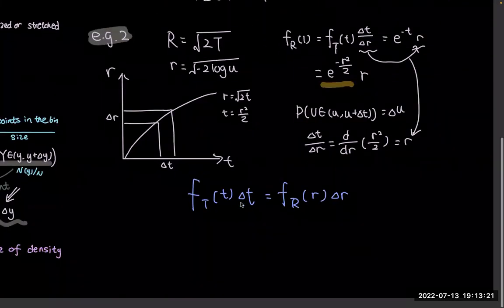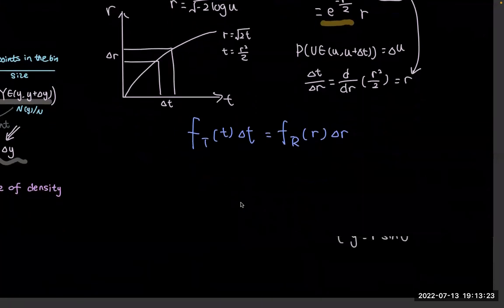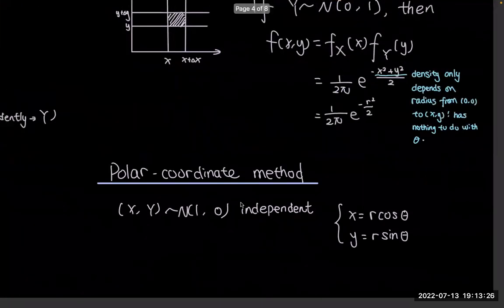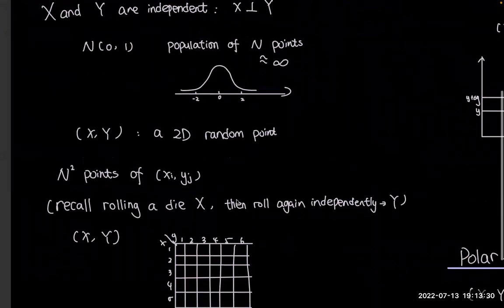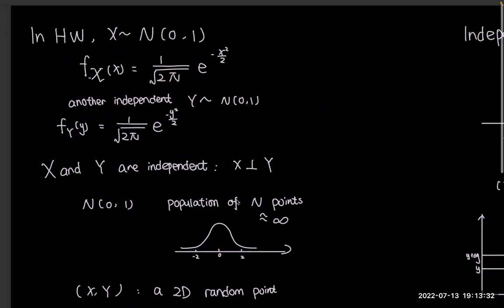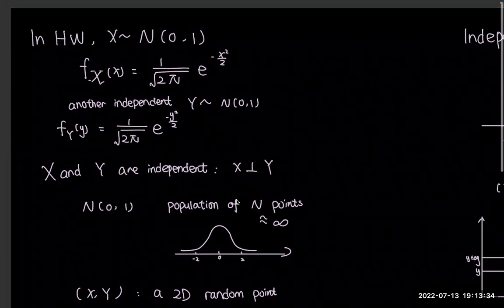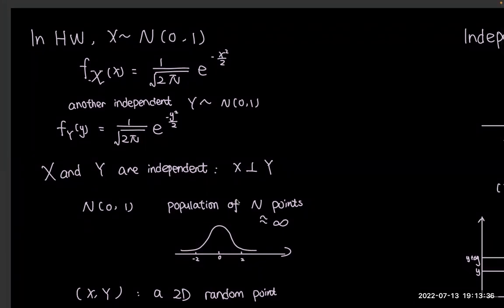So this is a preparation. I hope that from here you can understand that the density may change under the transformation, and also you learn the technique to calculate the density of the new random variable if it is a transformation of a known random variable with a known density function.